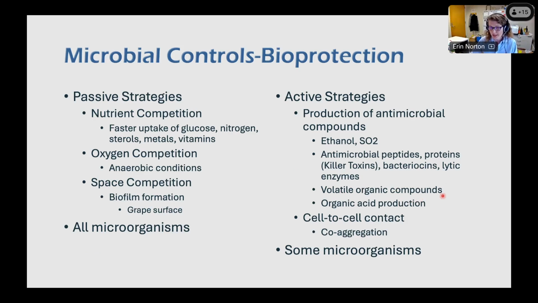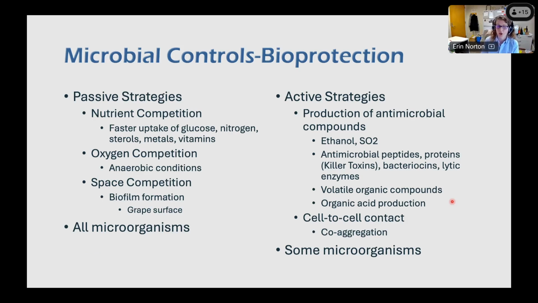Two interesting ones that I put down here as well: volatile organic compounds. So there's a lot of fermentation aromas that we get during fermentation that the yeast are producing. They're either cleaving sugars off, or some of their metabolites are these volatile organic compounds, and they can be inhibitory to a lot of microorganisms.